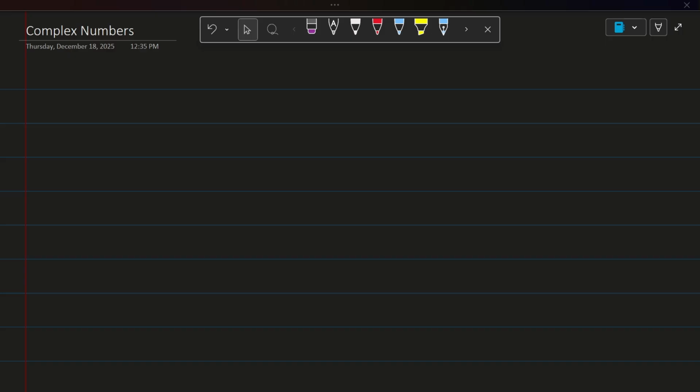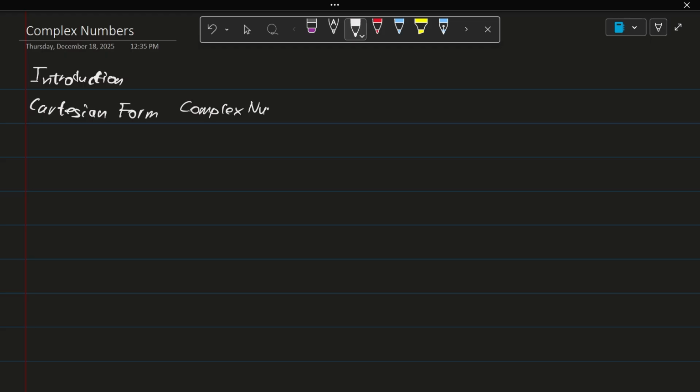So before we get started, we'll just introduce every single topic that I'll be introducing here. So we'll be starting with the introduction of why do we need complex numbers. And then we'll go to the Cartesian form of complex numbers. And we'll later also introduce the polar form of the complex numbers.